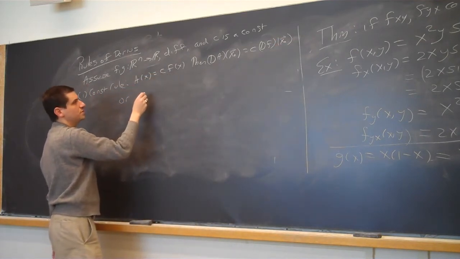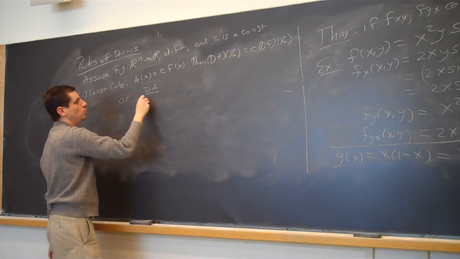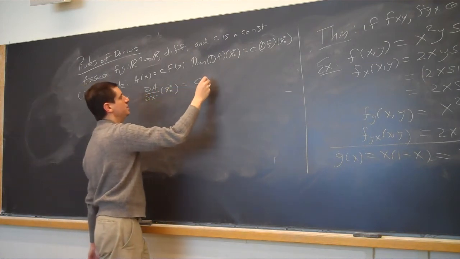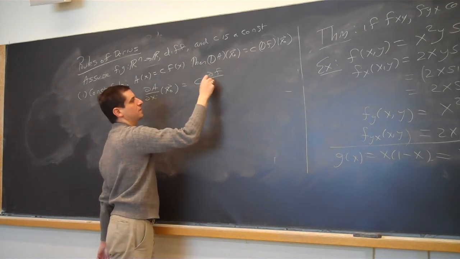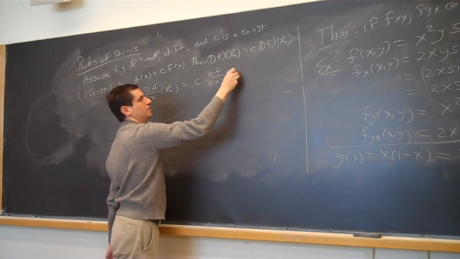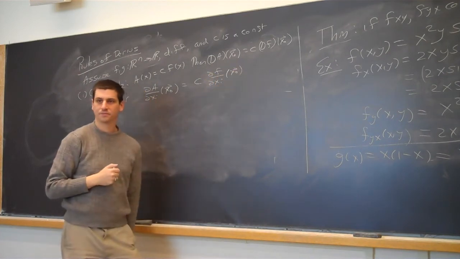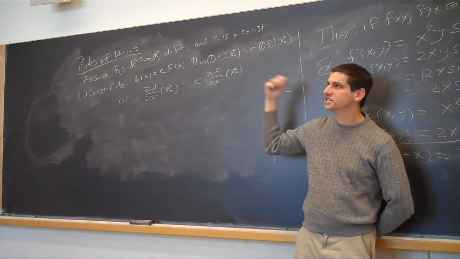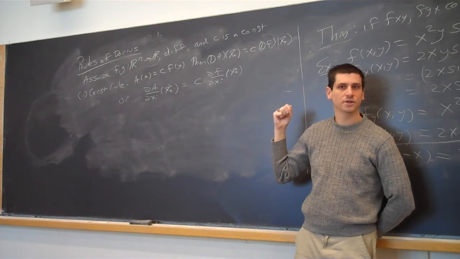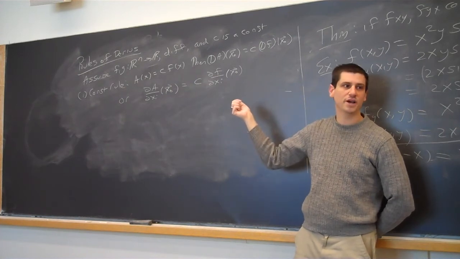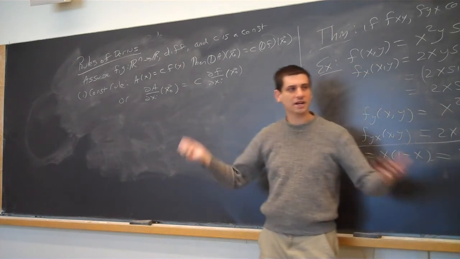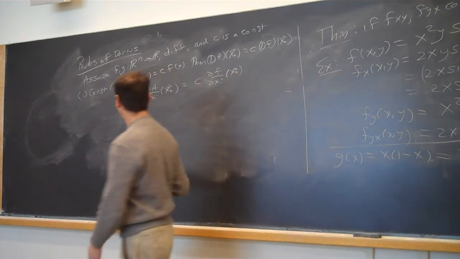Or if you want to write it more explicitly, the derivative of a with respect to xi at the point x naught is just c times the derivative of f in the direction of xi at x naught. Okay? So this is the simplest of all the rules. If I multiply my function by a constant, I just multiply all the derivatives by that constant. And if you think back to the definition of the derivative, you'll see where this comes from.